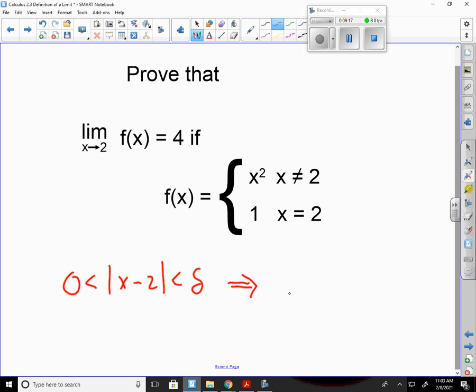Then I need to do my absolute value of f of x minus L. In this case, my limit is 4 because it tells me that the limit of f of x is 4. And then here they don't give us an epsilon, so we have to leave it as epsilon.